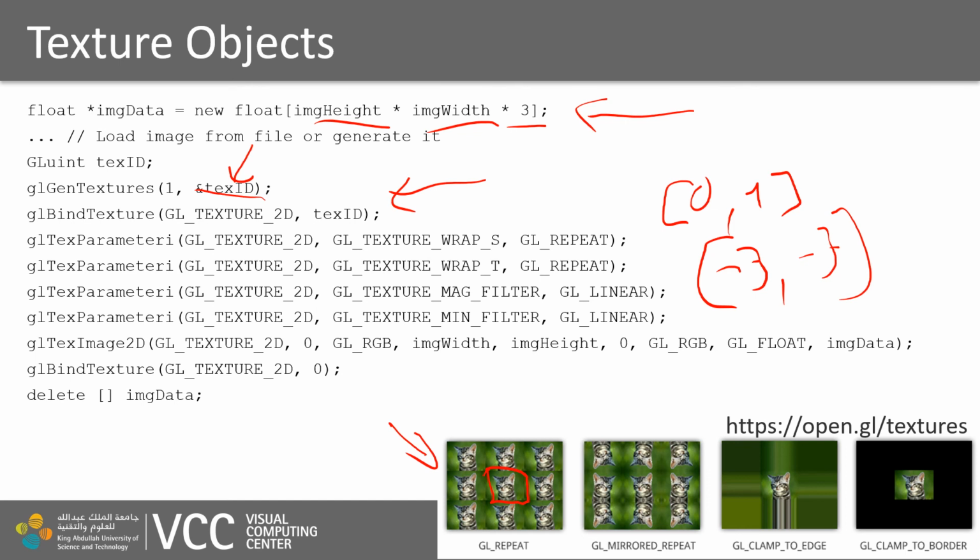And these are the negative coordinates. This would be the positive coordinates. What should happen there? So with GL repeat, we are defining that we will just repeat that texture over and over again. With mirrored repeat, we will be mirroring this image in these other replicas, if you like, repeated replicas.